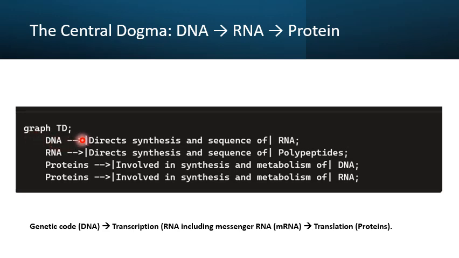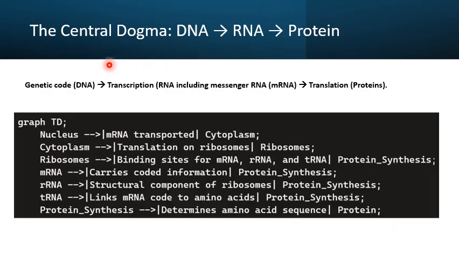The DNA will direct the synthesis and the sequence of the RNA, and then the RNA will be translated into proteins, polypeptides and proteins, and these proteins will be involved in the synthesis and metabolism of more DNA and RNA within the cell. So again, there is a genetic code in the DNA, and this genetic code has to be transported to the cytoplasm to the ribosomes, where the protein synthesis happens.